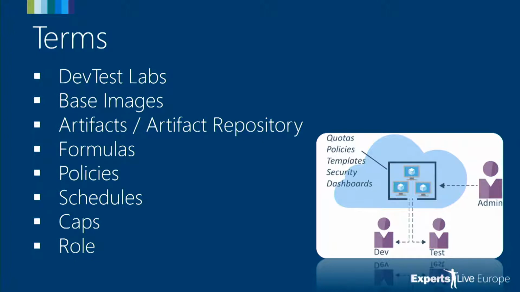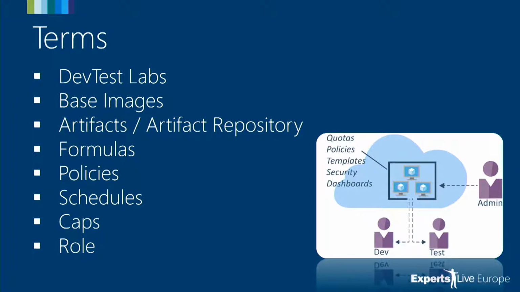Then there are base images. Base images are basically those images you're getting from the marketplace, or images you're preparing, custom images, that you can upload to DevTest Labs. We will see this in a demo also. And one special term is, of course, artifacts. An artifact is basically a piece you apply to the base image.